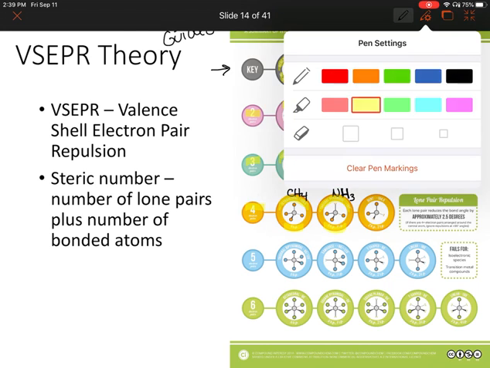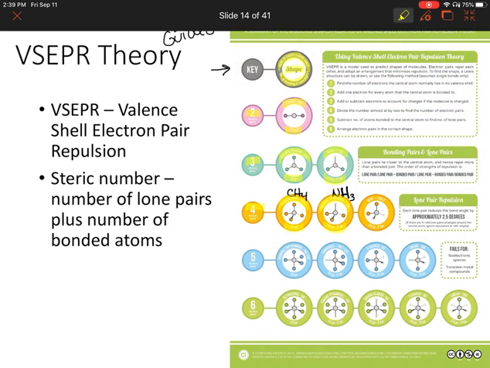And then the last option here, we could have 2 bonding pairs and 2 lone pairs. And this would be another bent molecule. Sometimes to differentiate it from the first bent shape, we might call this bent tetrahedral, whereas the first one is bent trigonal planar.